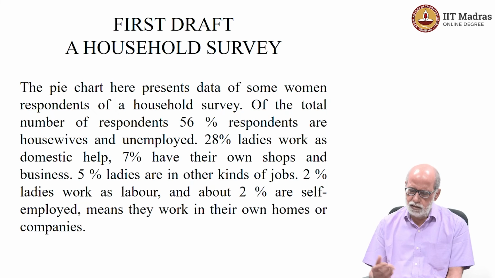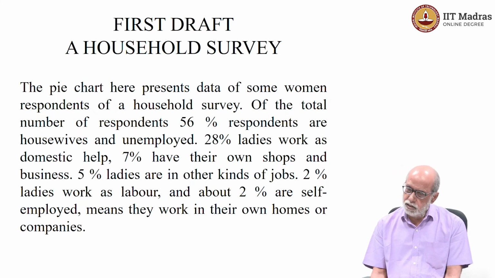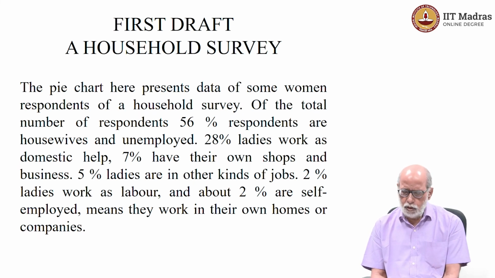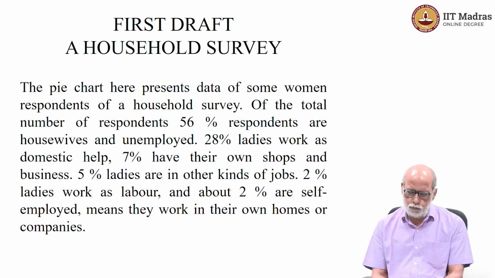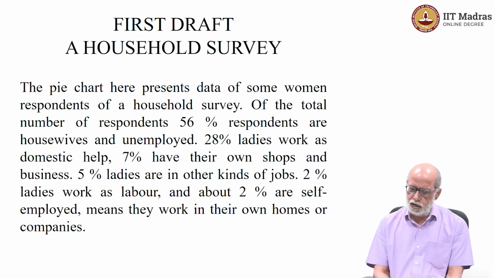Ladies are in other kinds of jobs. Ladies are in other jobs, or ladies do other things, as in employed means they work in their own, are self employed, and then you have to define. You don't have to define self employed, does not necessarily work all the time in their homes.